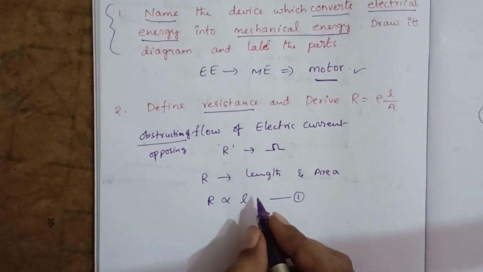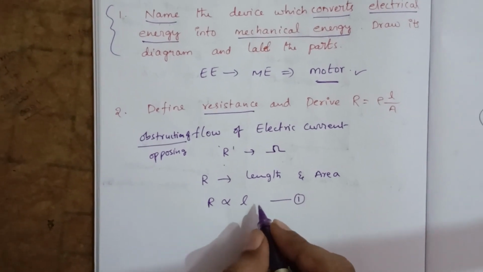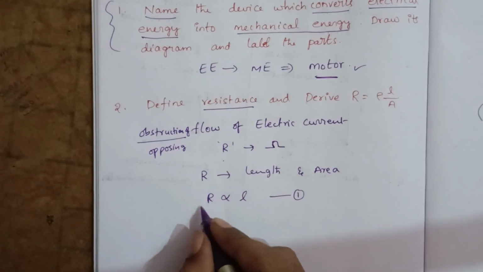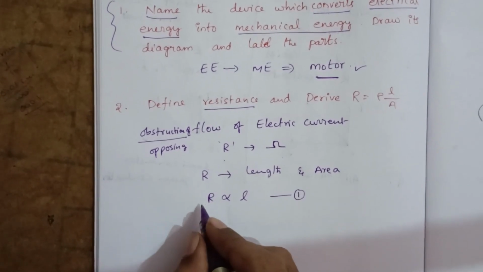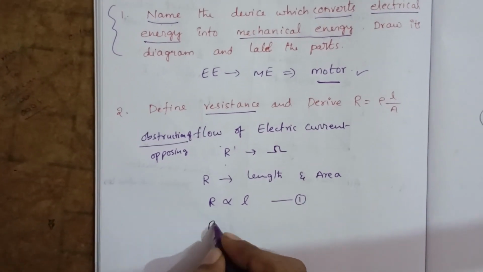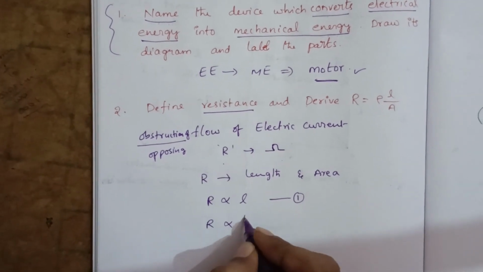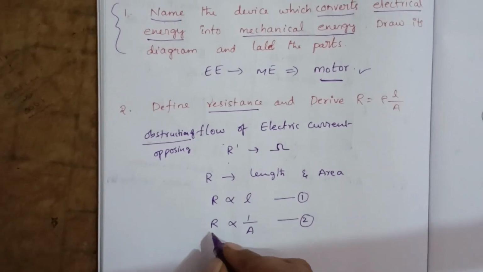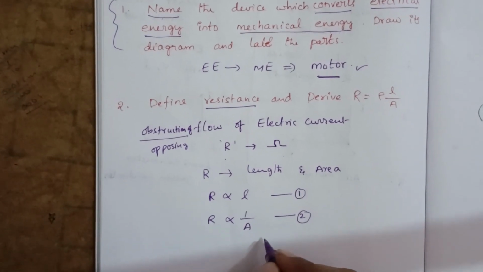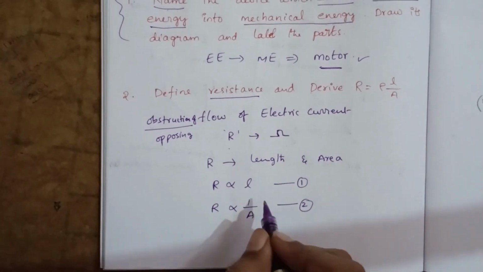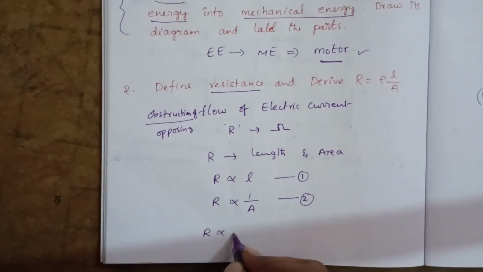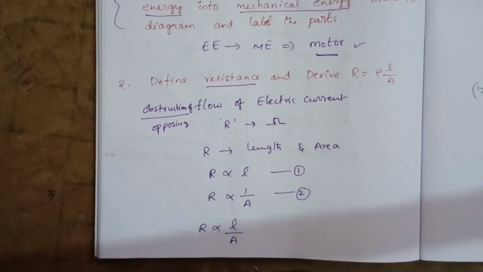If more length, more resistance. Less length, less resistance. The activity for this is also available in our channel. Next, resistance is inversely proportional to the area of the conductor. If more area, less resistance. Less area, more resistance. So by combining these two, resistance is directly proportional to length and inversely proportional to area.